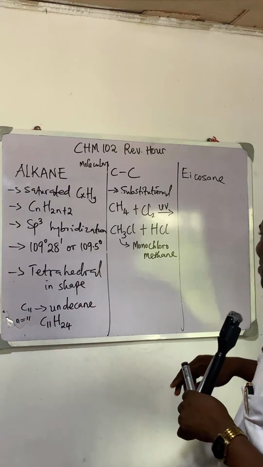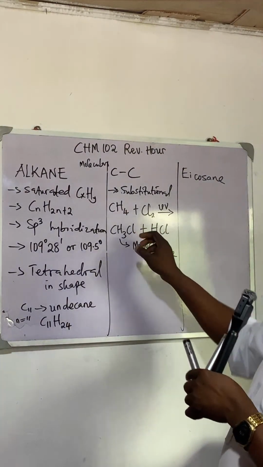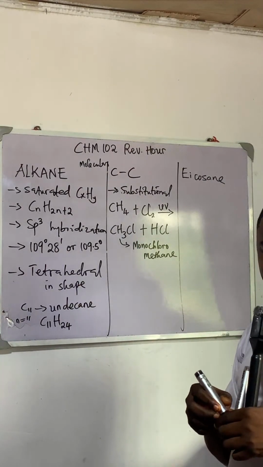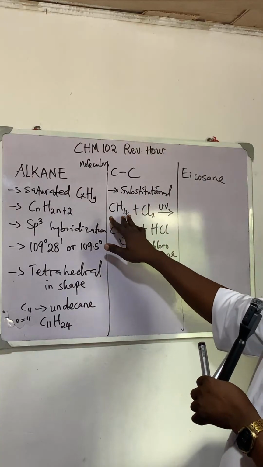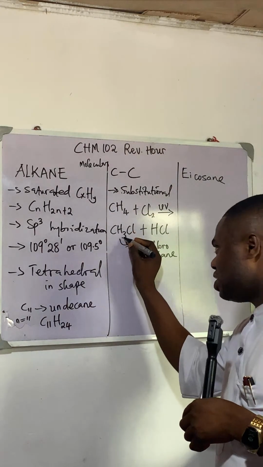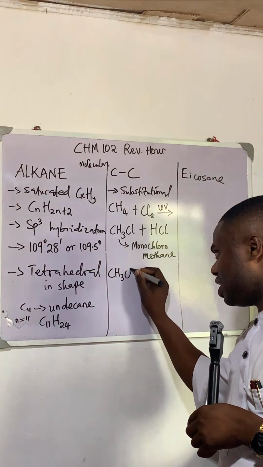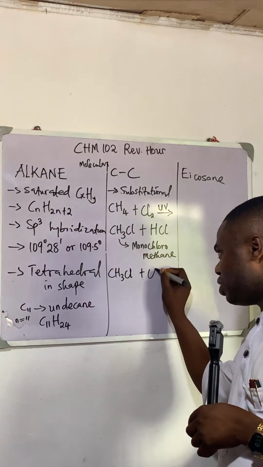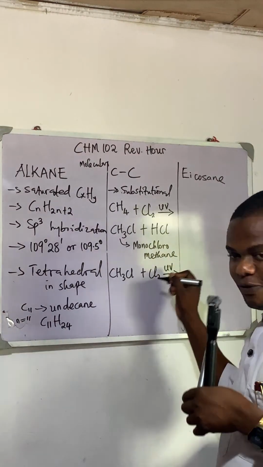Sorry about that. So, just like I said, monochloromethane is the first product obtained by the substitution reaction of methane with chlorine. Now this will still go into reaction again. CH3Cl will still react with chlorine gas in the presence of UV.